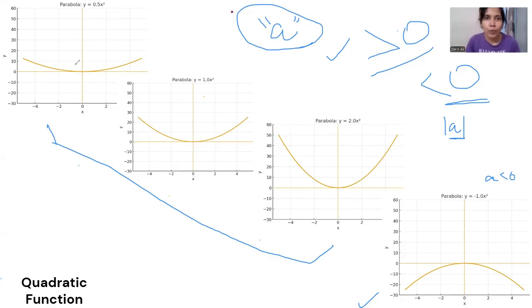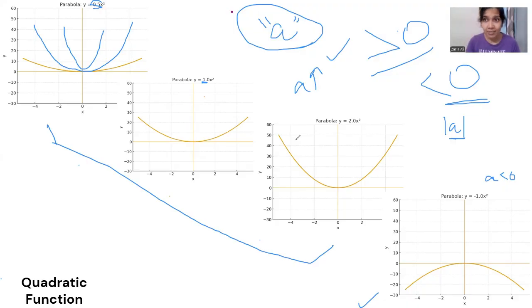Now if you make it 1, increasing the value of A, you will get something like this and then something even steeper. So the steepness is going to increase, and your valley becomes steeper.